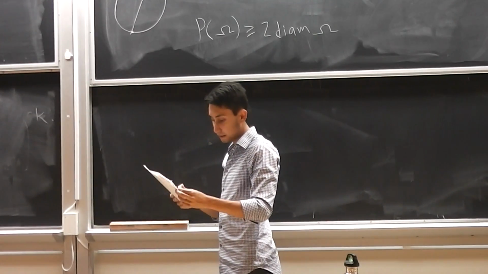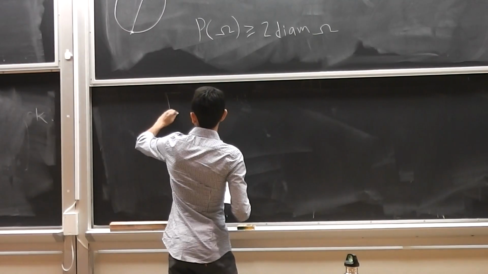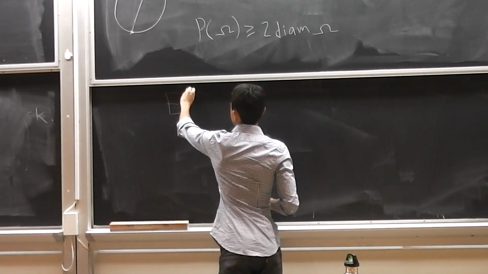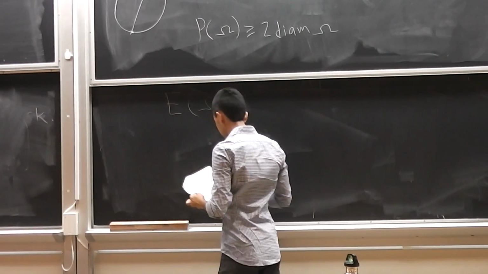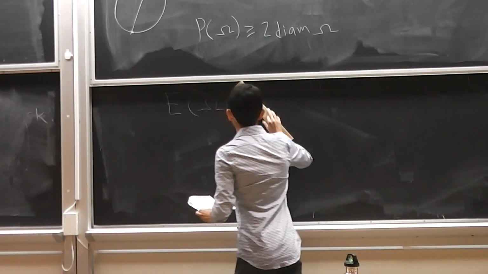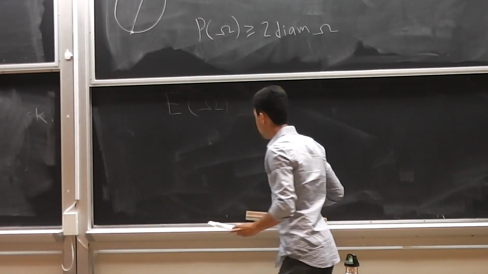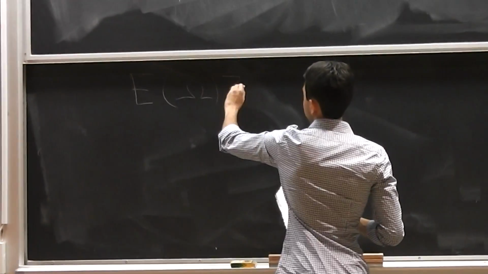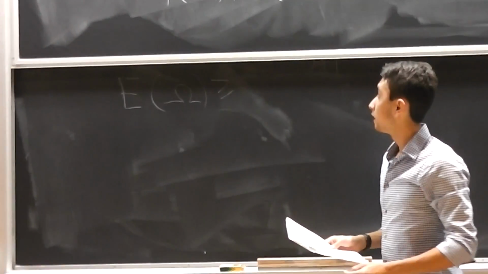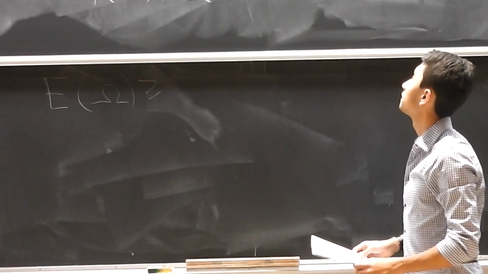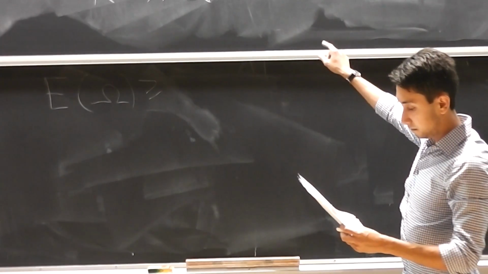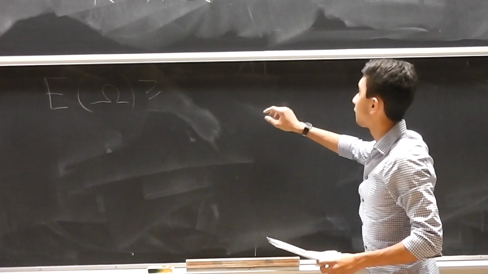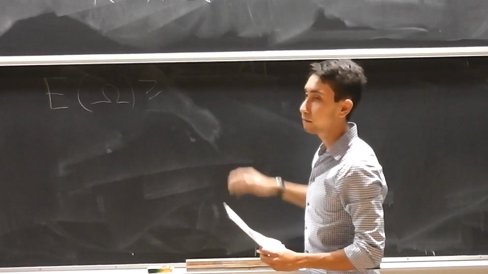Okay, so how we do this is, let's assume that omega isn't a minimizer. So we have the upper bound on the energy, so now let's do a lower bound. The energy is greater than or equal to, well, for the perimeter we can use the isoperimetric inequality.